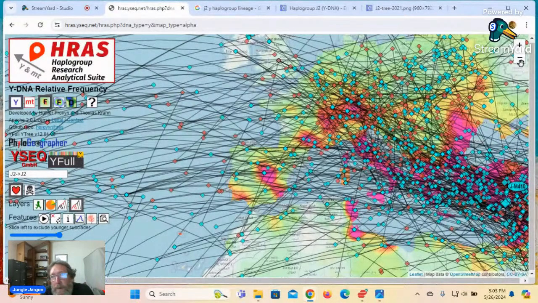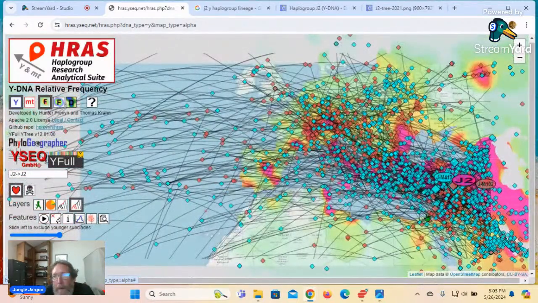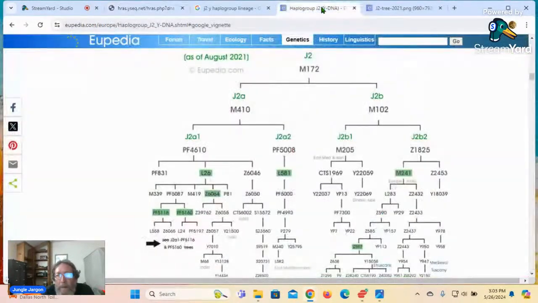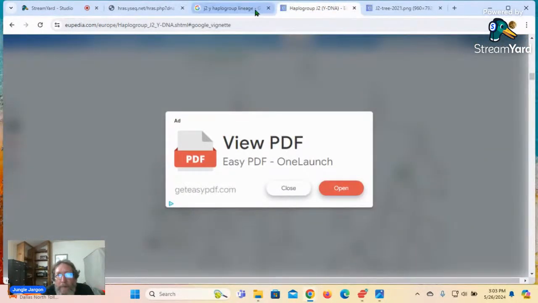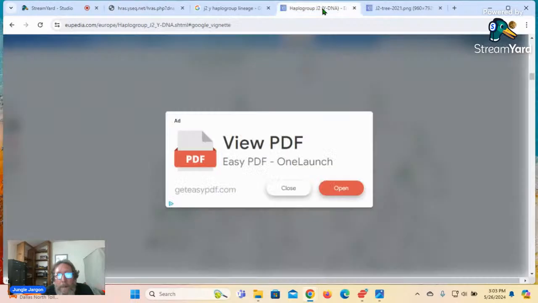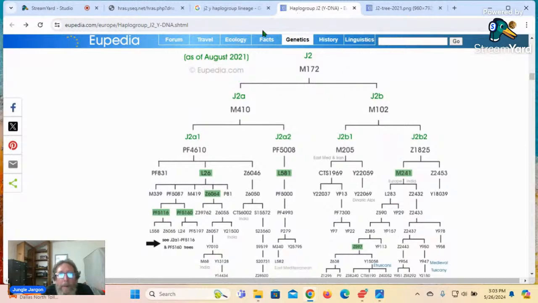I hope this thing doesn't freeze up on me. Okay, so yeah, there we have it. It's the M410 and the M102. This is only the J2, M172. I don't know what that's doing there. Anyways. There we go. All right.